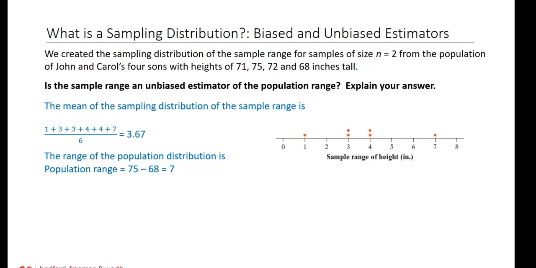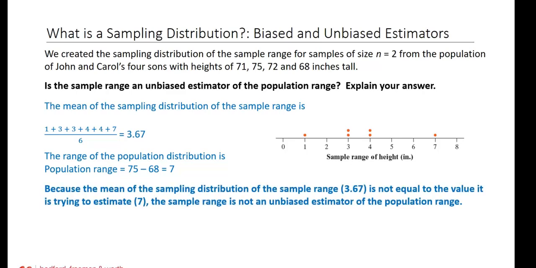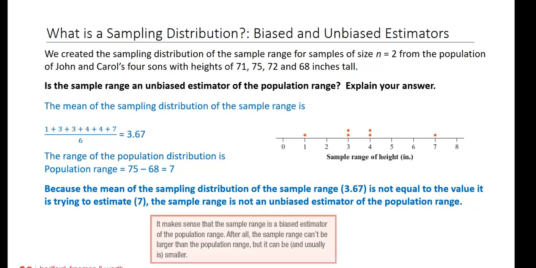Range doesn't usually work like that. The mean of the sampling distribution of the sample range was about 3.66. That's not equal to the actual range of the population, which is 7. So sample range is not an unbiased estimator of the population range.